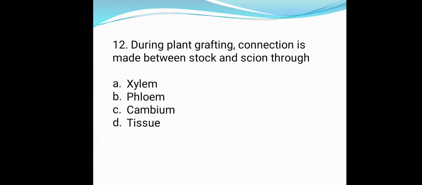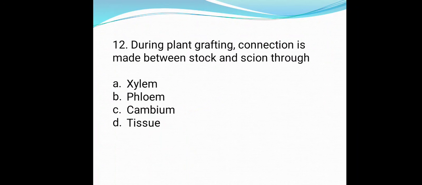Let us see the next question. During plant grafting, connection is made between stock and scion through. We had studied plant grafting, an artificial method of vegetative propagation. During grafting, the scion and stock are used and connected. Grafting is a type of artificial vegetative propagation in plants.